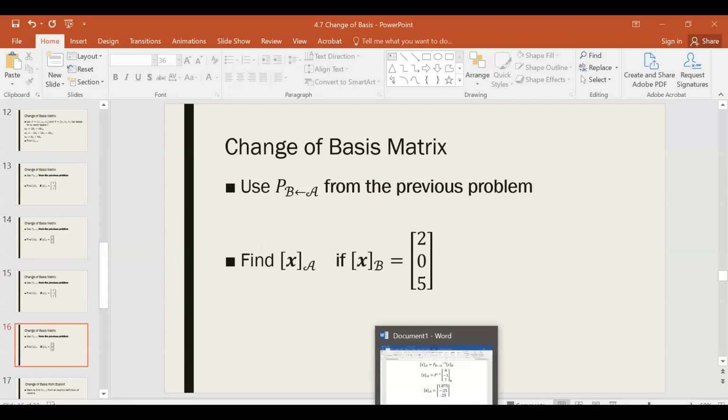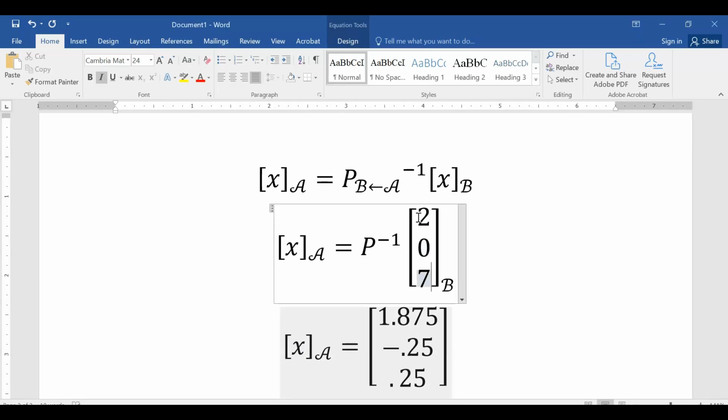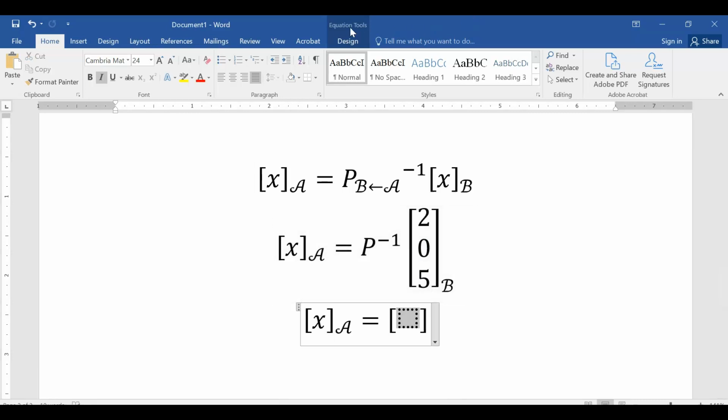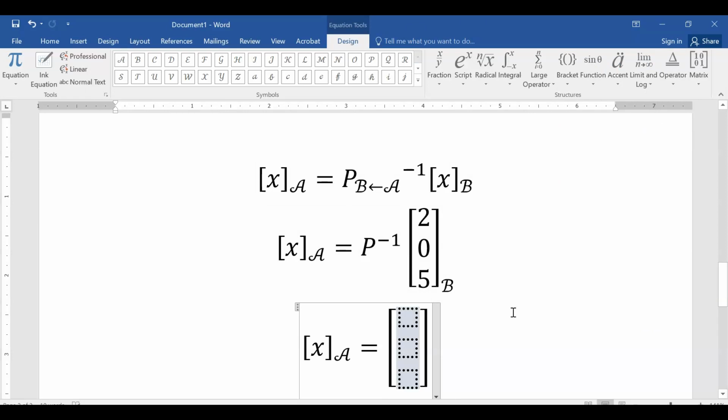Now all we're changing is that we want to use 2, 0, 5. Obviously, we're not going to get that. We're going to get some other 3x1 vector.